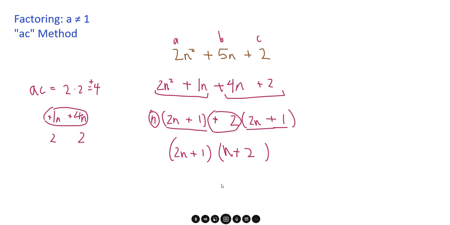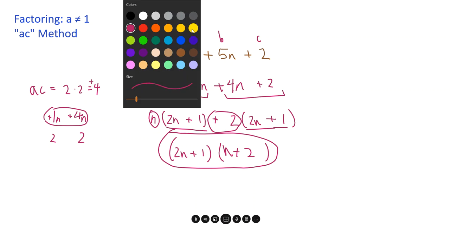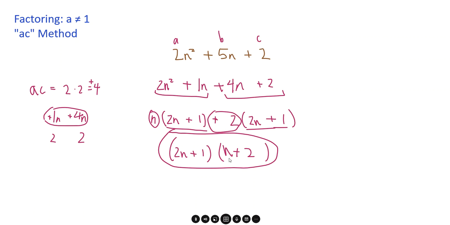And that's it. I've factored by grouping, and I've actually factored my original trinomial. This is going to be my final answer here. I used the AC method to factor that trinomial. Let me multiply them all back together and make sure that it's going to give me back the original.